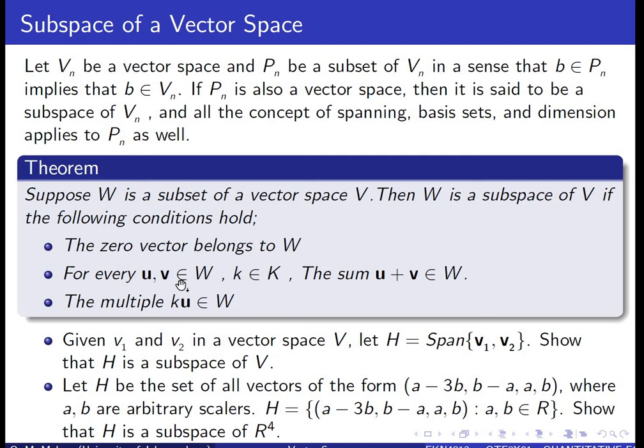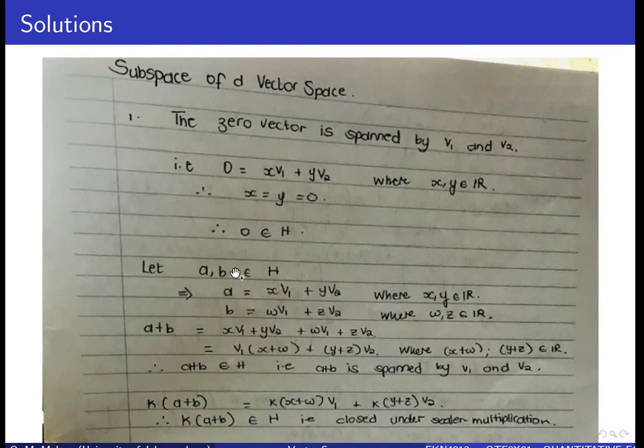Now it remains to show that if I take two vectors in H and I add them up, I get a vector in H. So now I take two vectors in H. Let a be in H. Obviously, the definitions of set theory must come into play here.